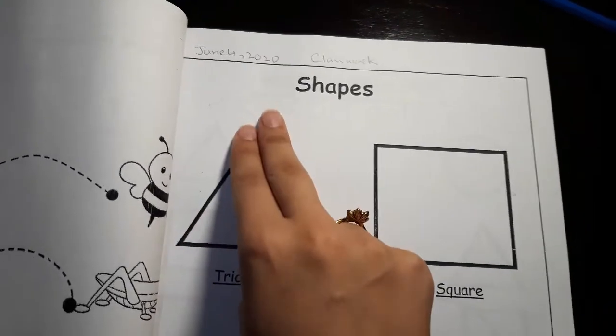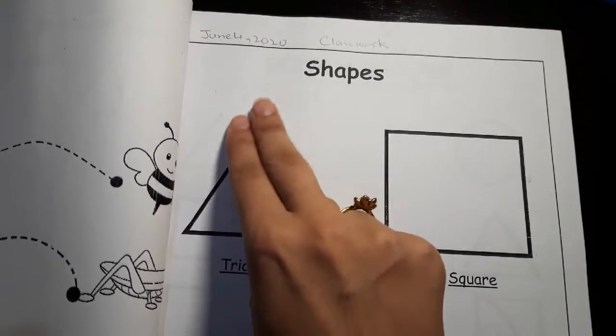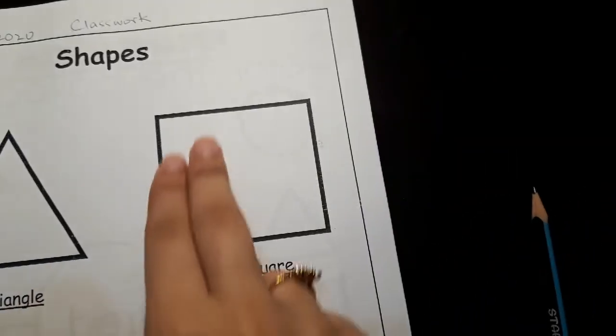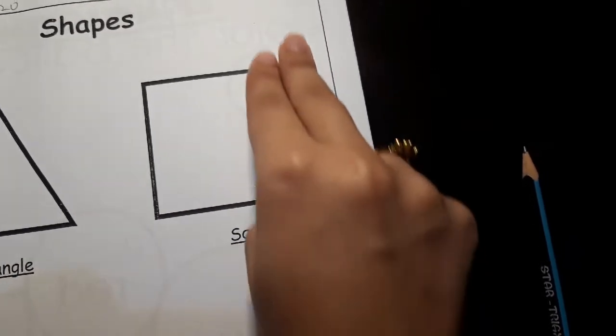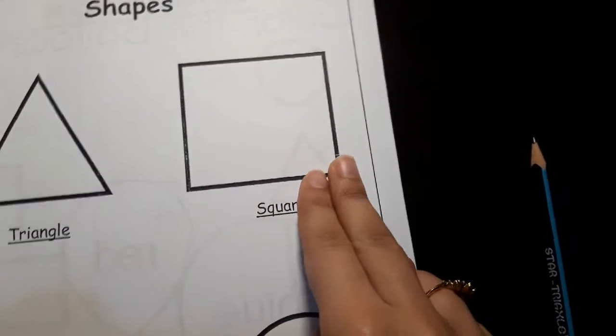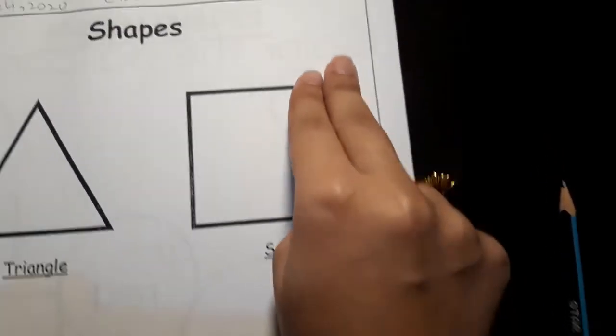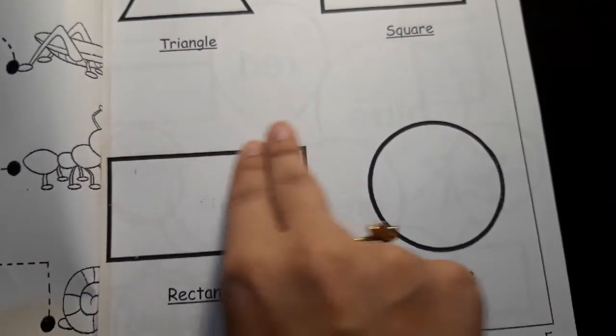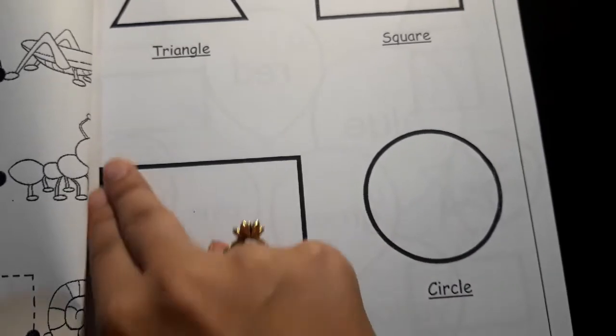Which shape is this? It's a triangle. We call it a triangle. Which shape is this? This is a square. It looks like a box, isn't it? This is a square. This is a rectangle.